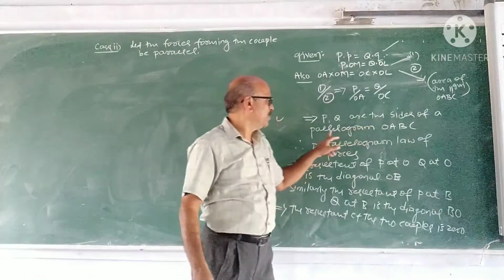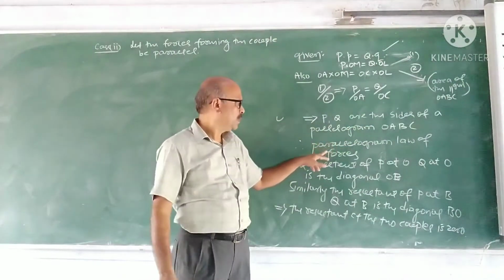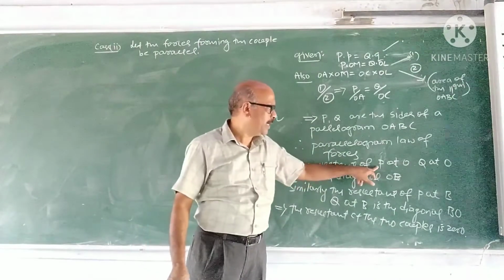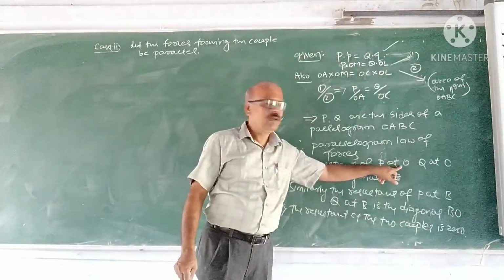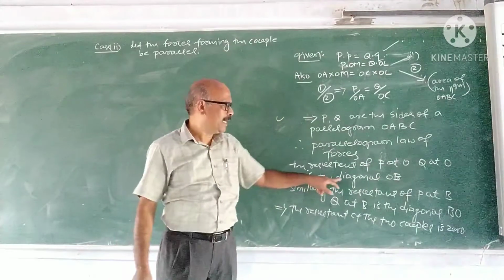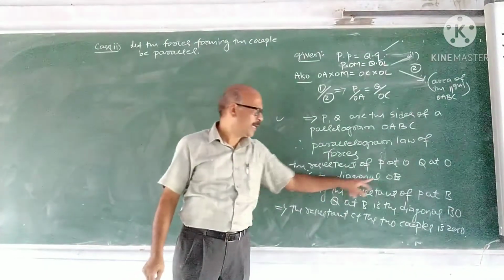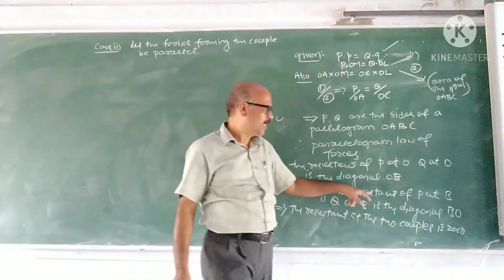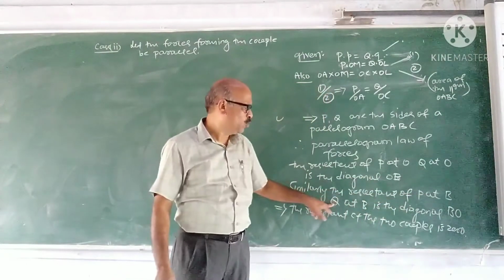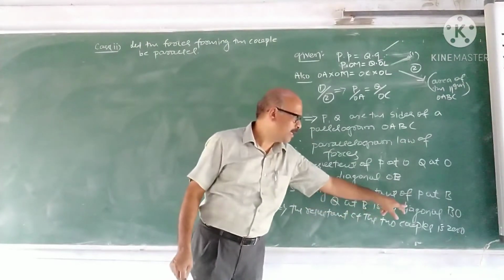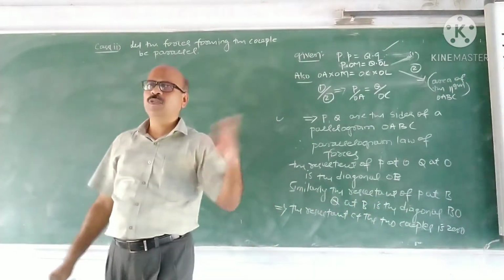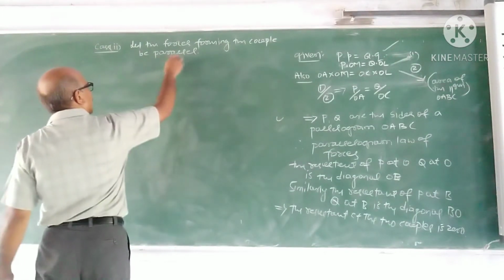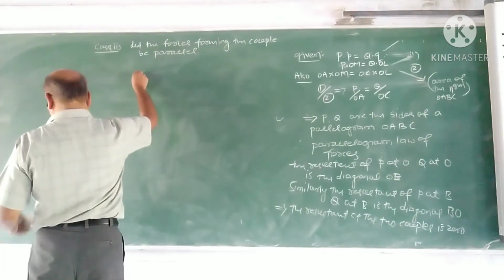P, Q are the sides of a parallelogram OABC. By the parallelogram law of forces, the resultant of P at O, Q at O is the diagonal OB. Similarly, the resultant of P at B, Q at B is the diagonal BO. Therefore, they balance each other. Now, let the forces forming the couple be parallel.